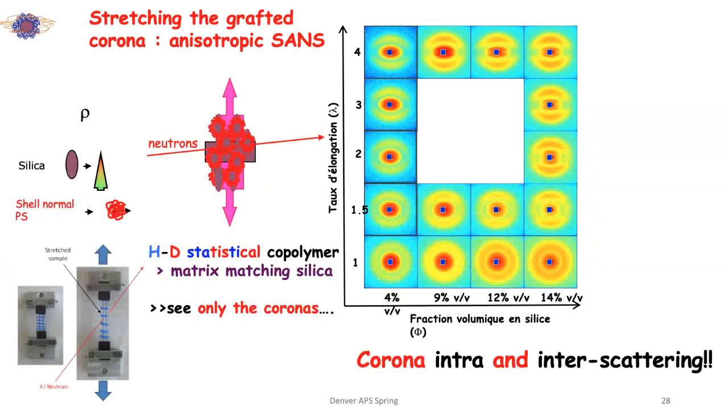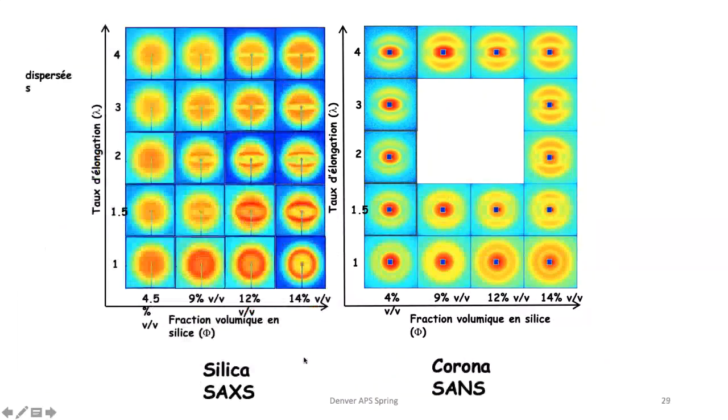So they are difficult to interpret, but what you can do is to use some data which have been acquired by X-rays on the left-hand side, from the signal of silica only, since in the same samples we are not sensitive to the difference of neutron scattering length density. So from this curve on the left, we can extract the structure factor of the systems. That means the Fourier transform of the distance between the silica particles.